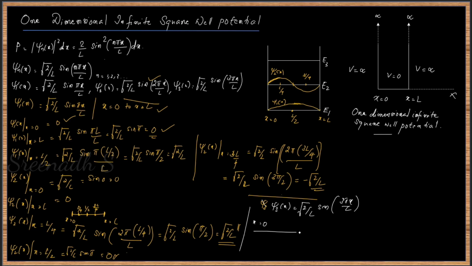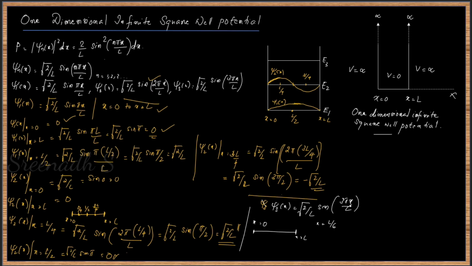For pi by 2, what will be the x value? If we take x equal to L by 6, we get 3 pi L by 6 in there. So 3 can cancel out, and we get pi by 2.